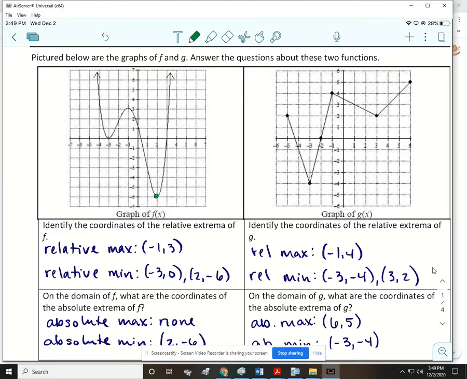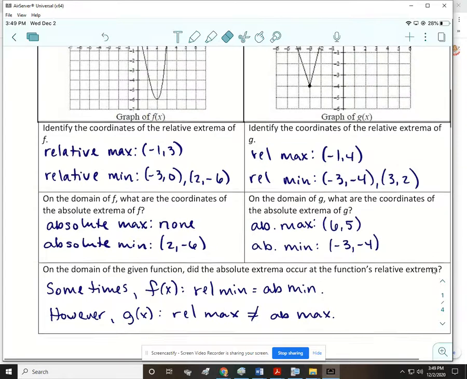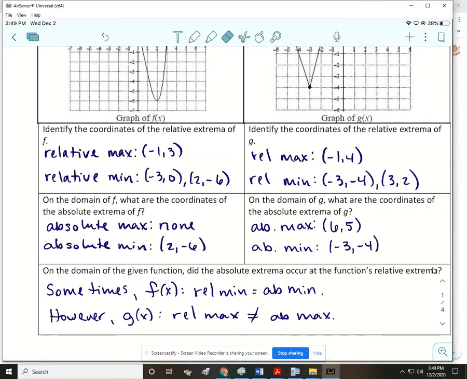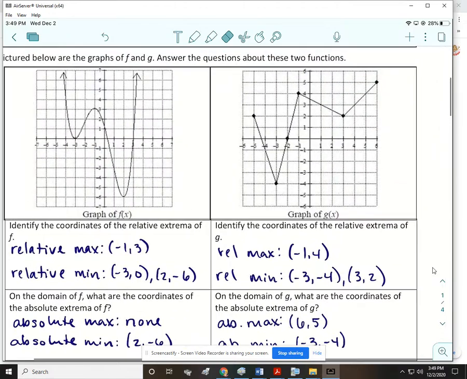You don't have the arrows that keep going. And did the absolute extrema occur at the relative extrema? Well, it did on F. The relative minimum in one of them ended up being your absolute minimum, but then on G, the relative maximum wasn't an absolute maximum. The absolute maximum was at an endpoint on that graph.